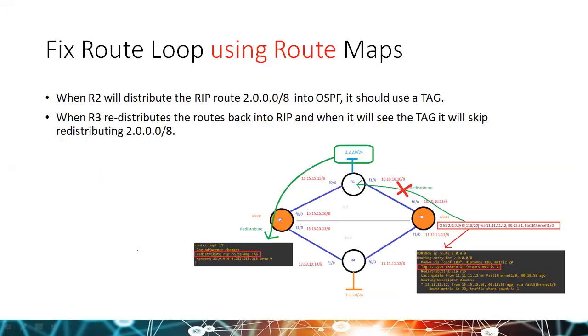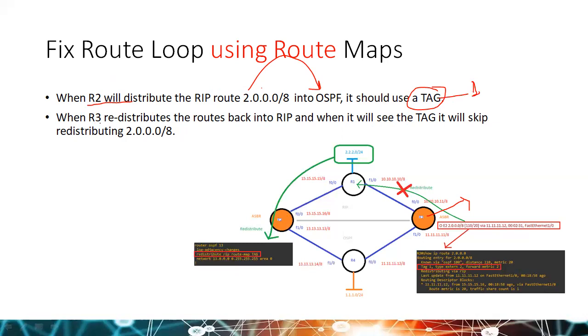Okay, so to fix this routing loop, we just need to ensure that R3 confirms any route. How do we do that? When R2 redistributes any route from RIP into OSPF, it will add a tag, and you can give a name like tag1.